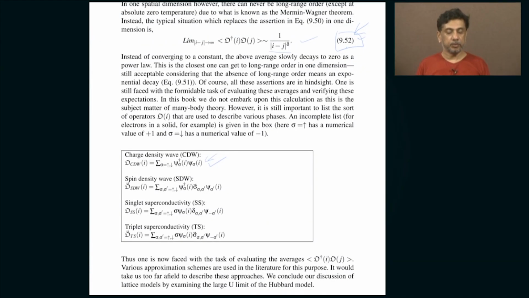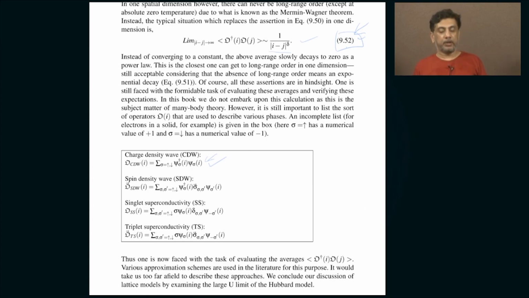So, it is charge as opposed to spin. That means you have summed over all the spins, so it describes a charge. Now you could also describe a spin density wave, where you stick in your Pauli matrix, which describes spin components in various directions, and that would describe your spin density wave.